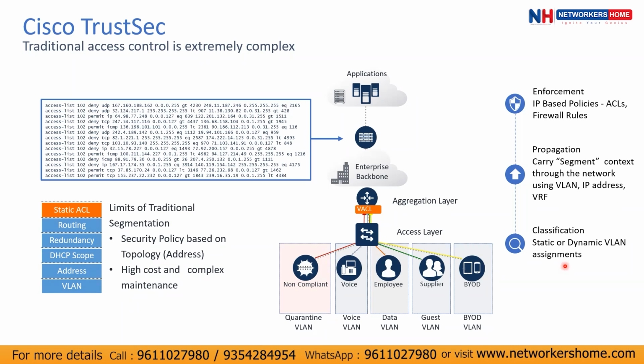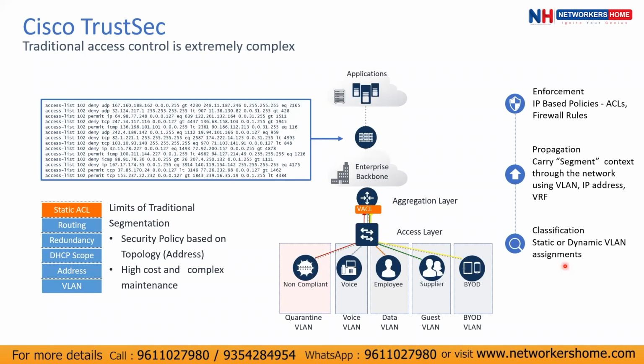Now, propagation is also important, because whenever I'm forwarding my traffic to some remote end, the remote side should have some context information: this traffic is coming with this VRF information, and this traffic is initiated by this identity, this user. So that context needs to be propagated. And the last step would be the enforcement. Based on the access, we have the enforcement policy, whether this traffic is allowed or not.